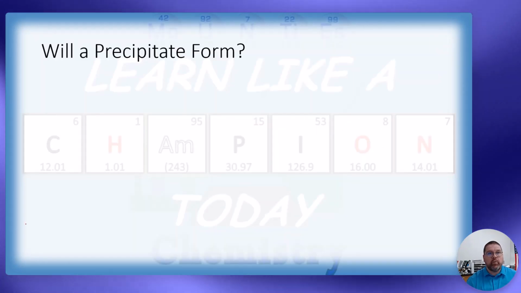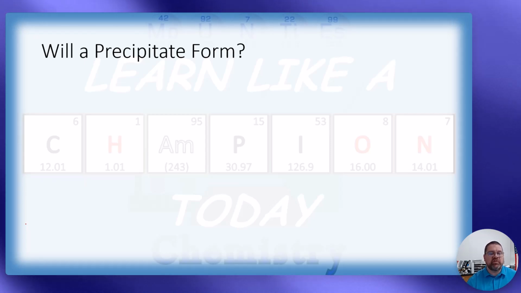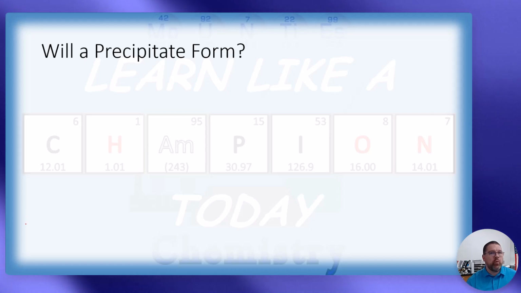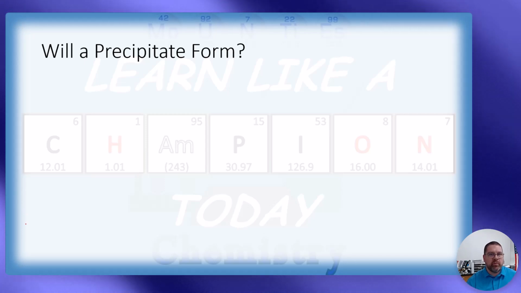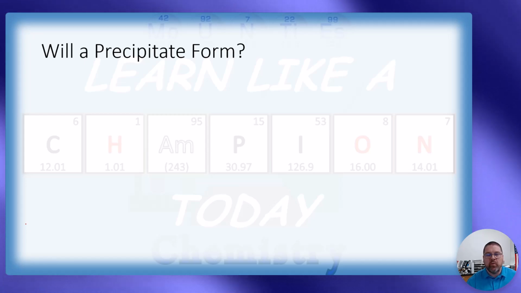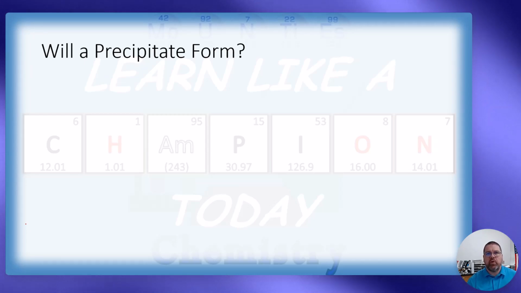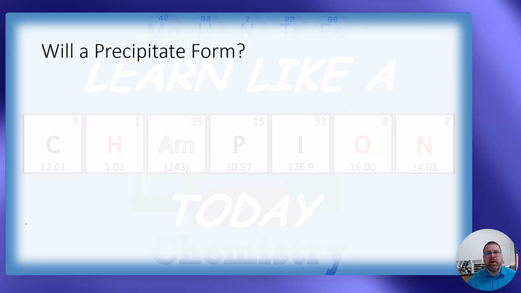So a practical way that we can use the KSP is to evaluate whether or not a precipitate will form when we mix 2 solutions, particularly solutions that we might ordinarily predict with the solubility rules to be insoluble or even slightly soluble. But we can see that if the concentration is low, then we might actually be able to get some dissolved and not have a precipitate form.